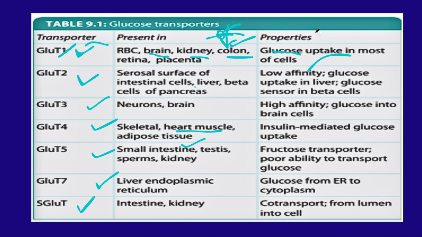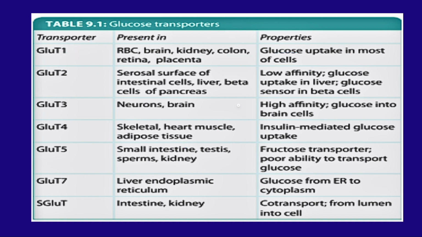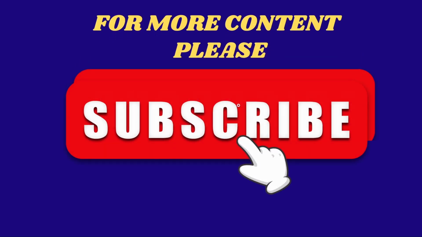That means from the blood it will enter inside the kidney, the brain, and the RBC. This can only be done with the transporters. Likewise, we have different types of transporters. If you want it in detail, I can send it to you in the comment section. Just comment down below if you have any doubts.